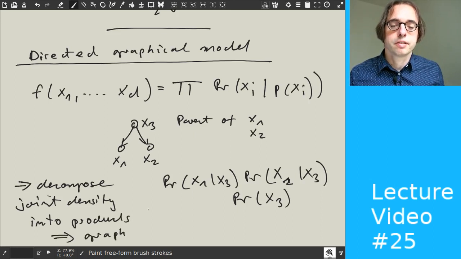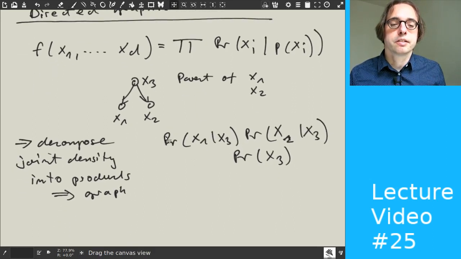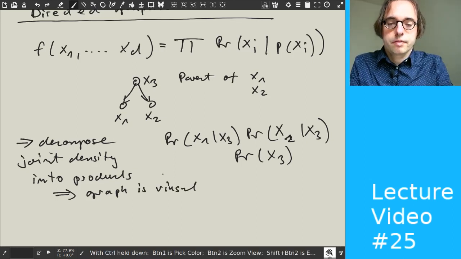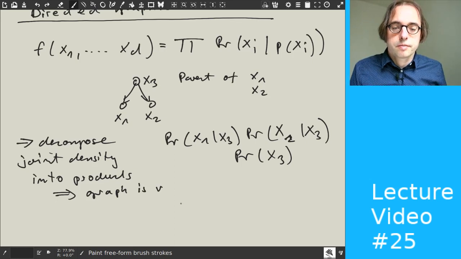The graph is a visual representation of these products of conditional distributions.